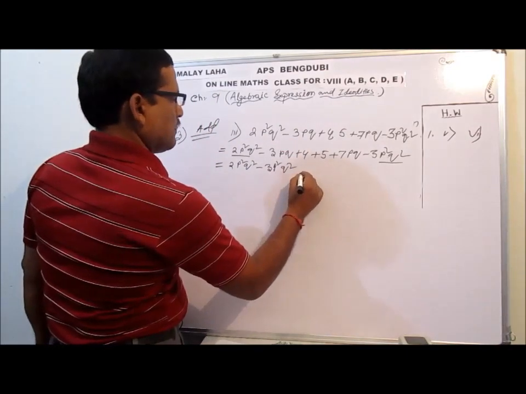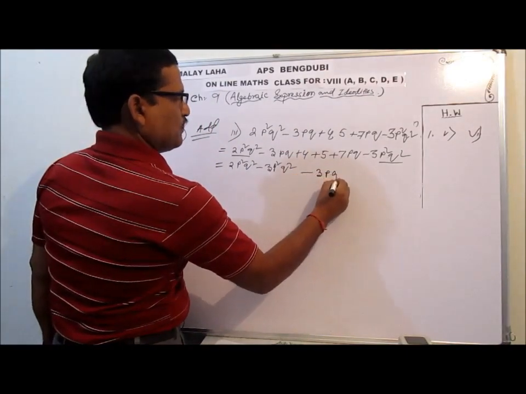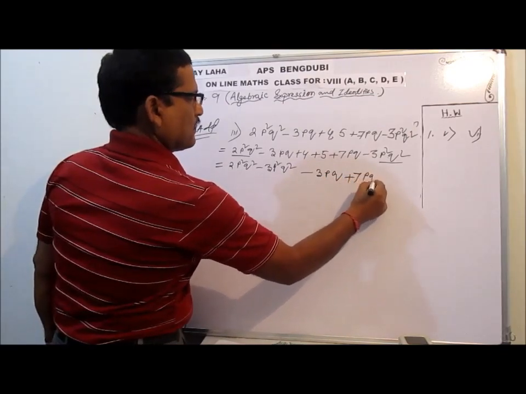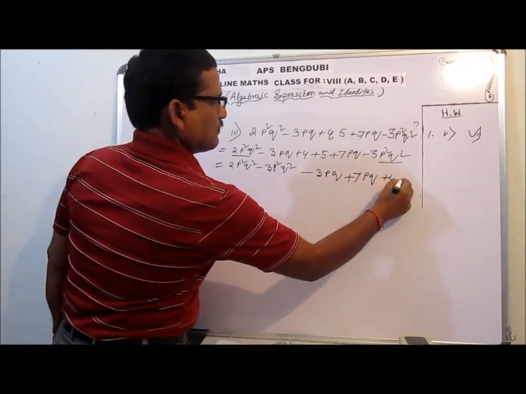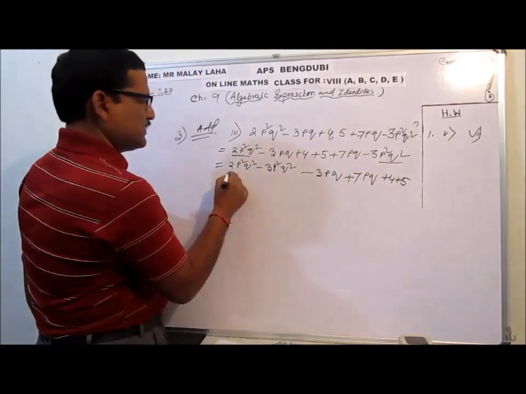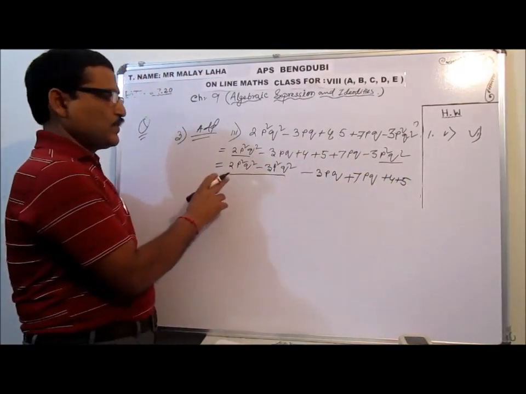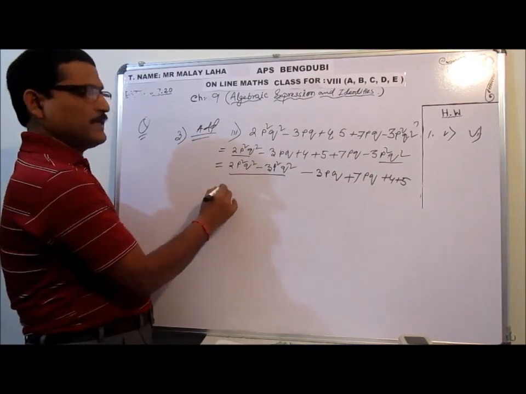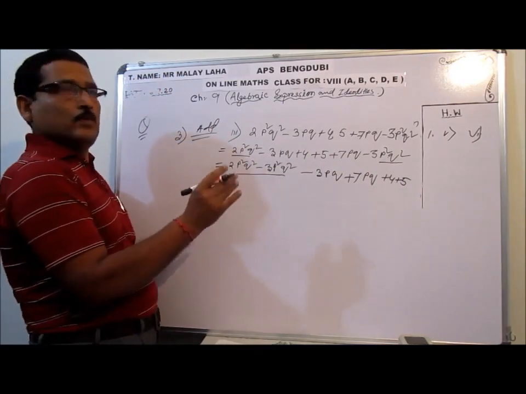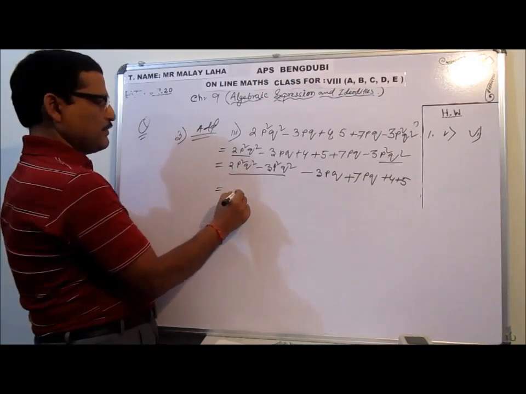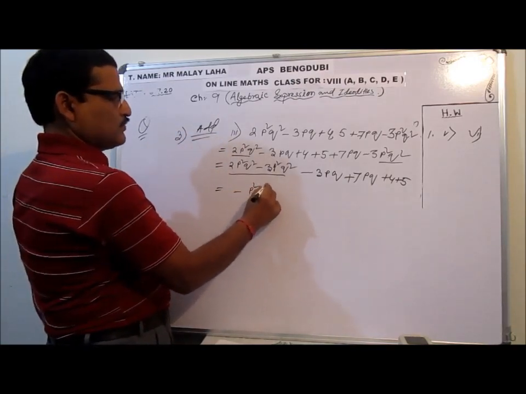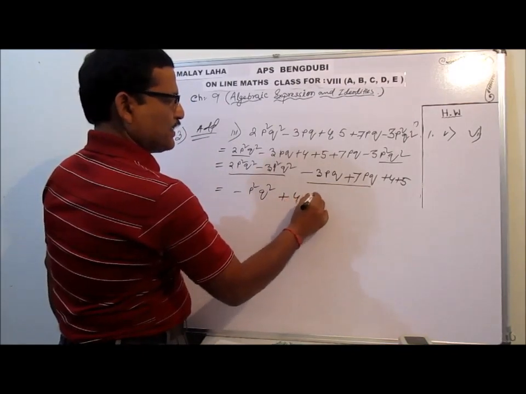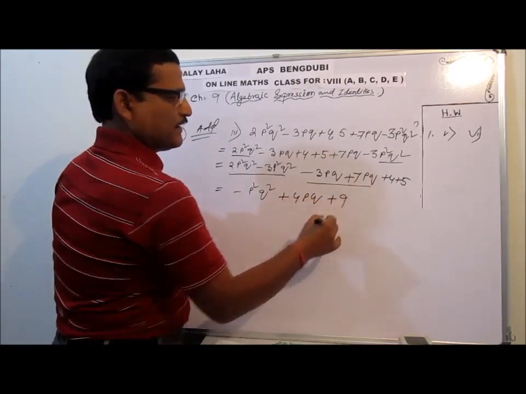Next, minus 3pq plus 7pq and plus 4 plus 5. So what is the result of 2p square q square minus 3p square q square? Minus, so it is coming minus p square q square. What is the result of the rest? Plus 4pq plus 9.